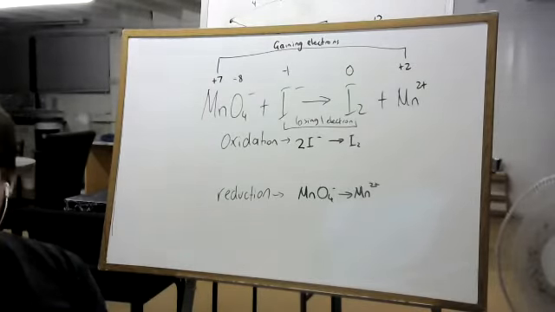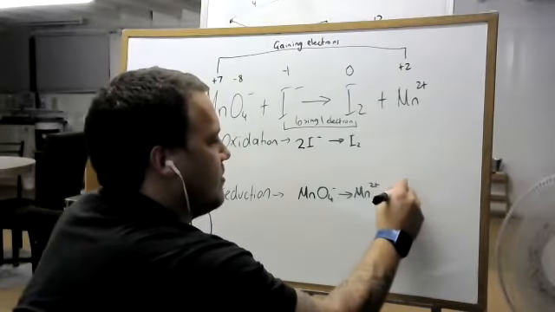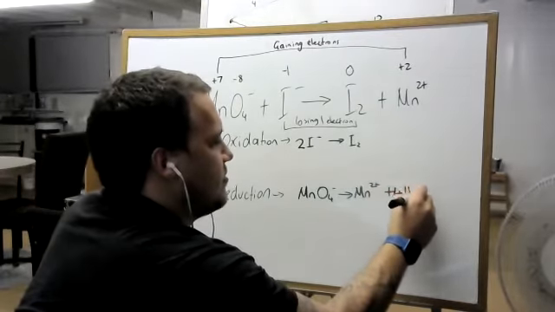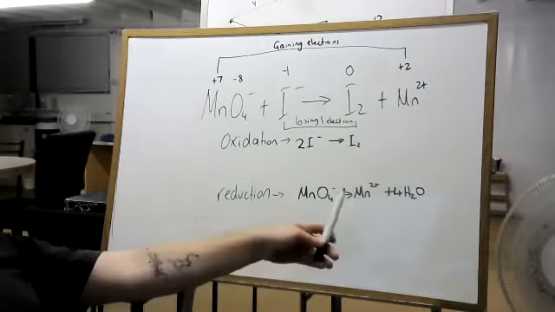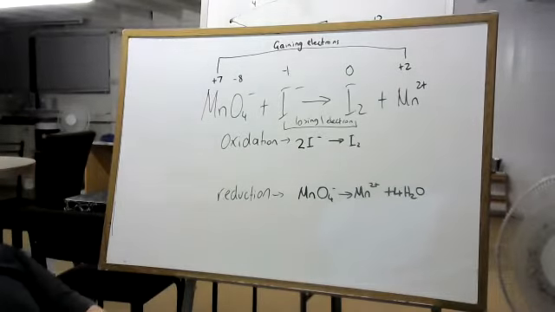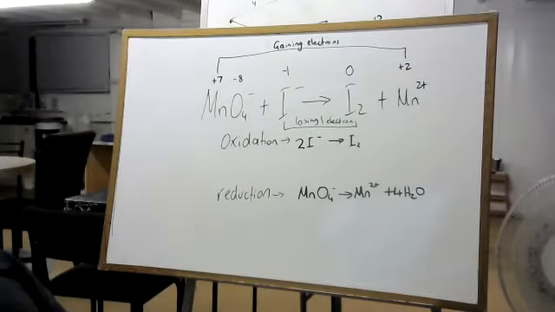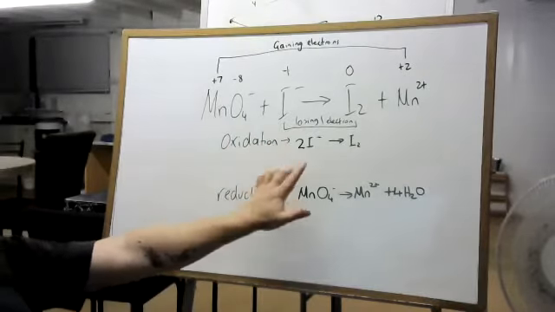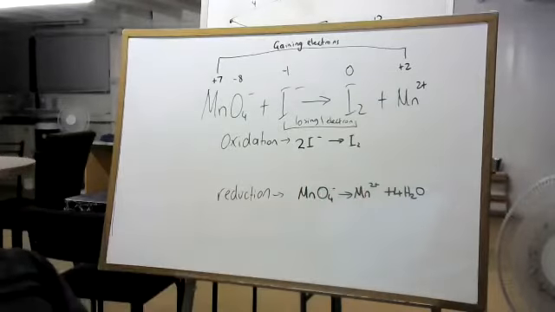So what we can do, the solution being in water, is add 4 H2O. Now our oxygens are balanced. And I'm going to give you guys 60 seconds to tell me how, because this is an acidic solution, I could balance the hydrogens now that the oxygens are balanced.